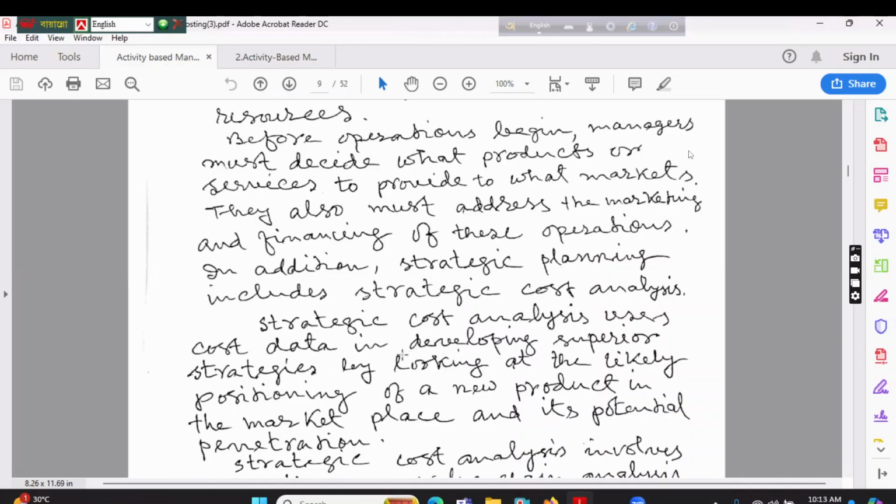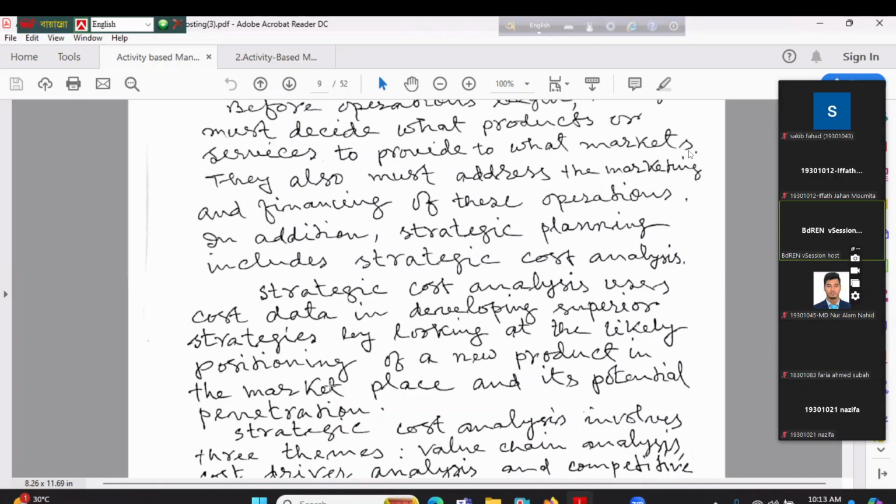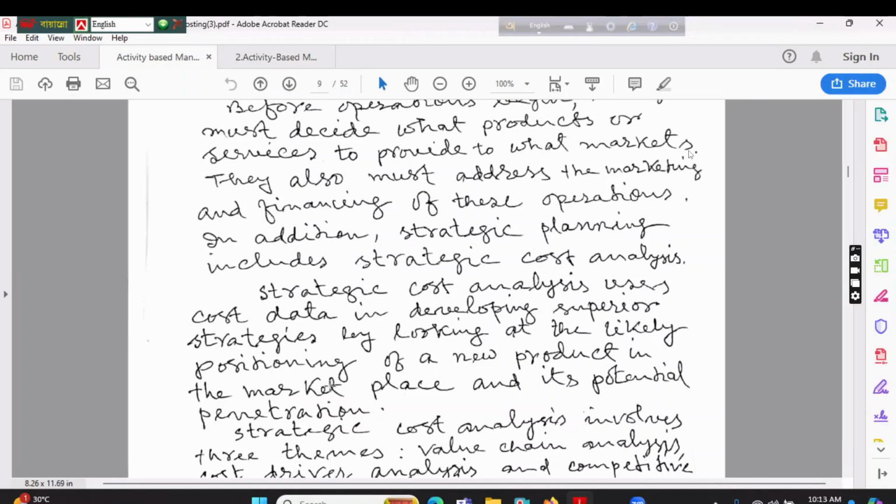Strategic cost analysis uses cost data in developing superior strategies by looking at the likely positioning of a new product in the marketplace and its potential penetration.